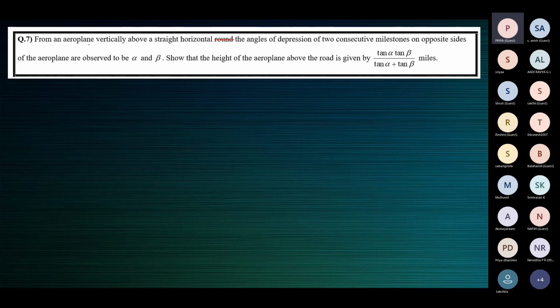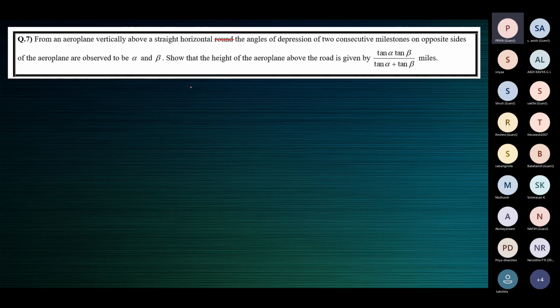It's not round, okay? It's ground. From an aeroplane vertically above a straight horizontal ground, the angles of depression of two consecutive milestones on the opposite sides of the aeroplane are observed to be alpha and beta.